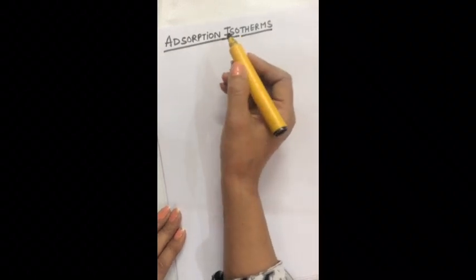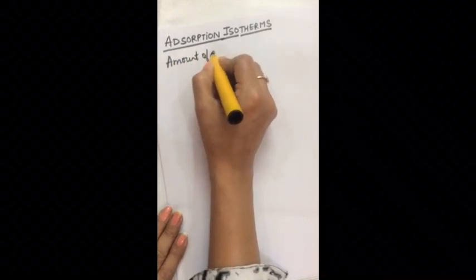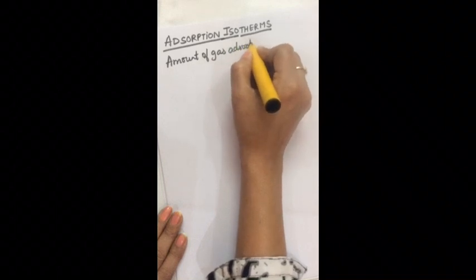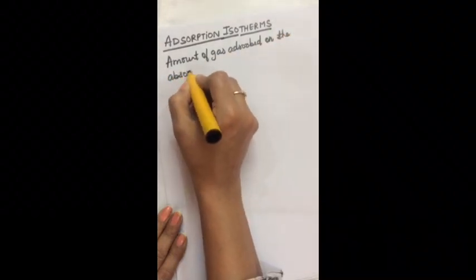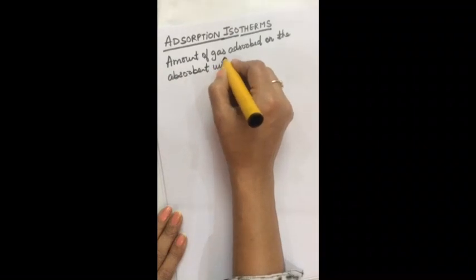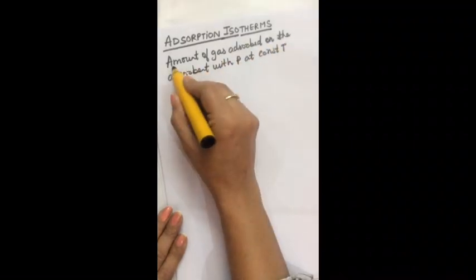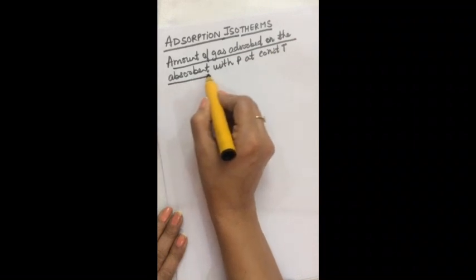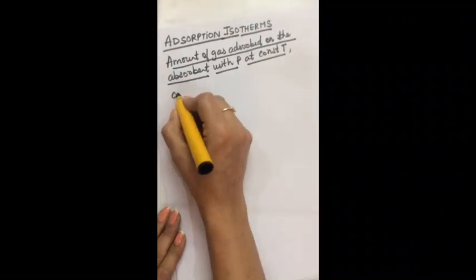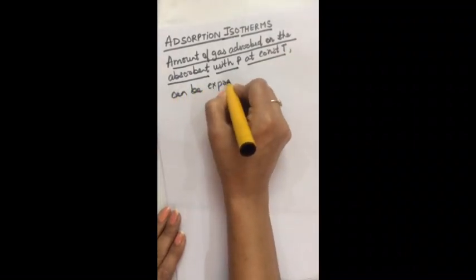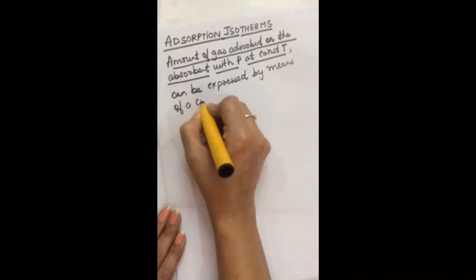Temperature is constant here. The variation of the amount of gas adsorbed on the adsorbent with pressure at constant temperature can be expressed by means of a curve.